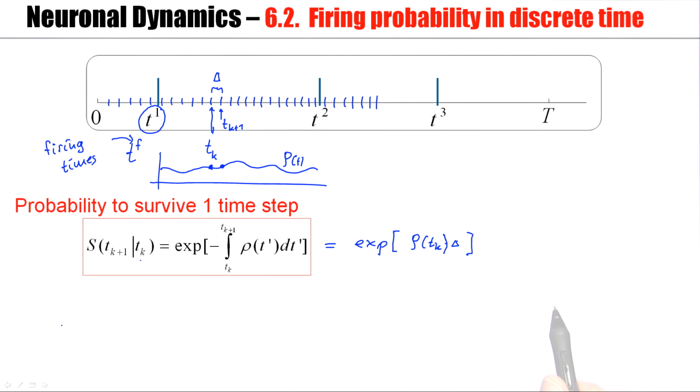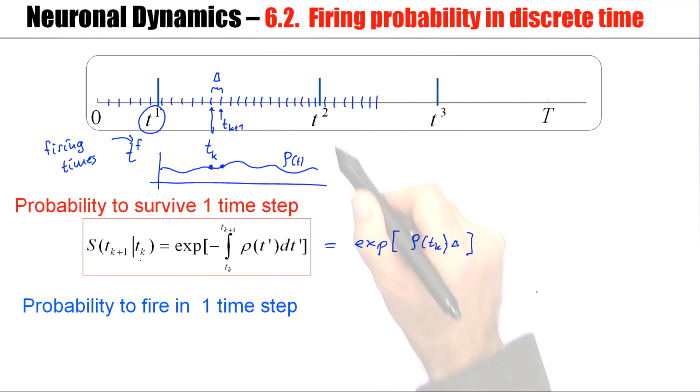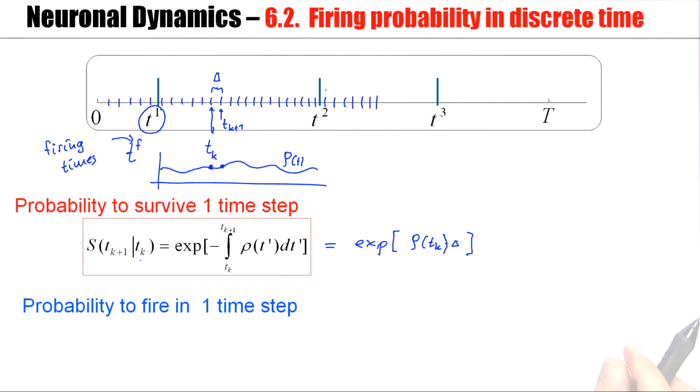Now the next question is, from time to time we have these spikes. So this would be a time bin in which the neuron has fired. So what's the probability to fire in one time step? Well, this probability, let's call it Pf, f for firing in the time step k. The probability to fire in one time step is the probability that you do not survive without firing.